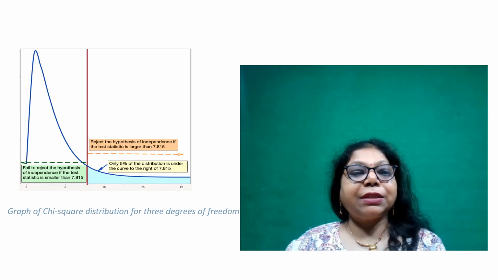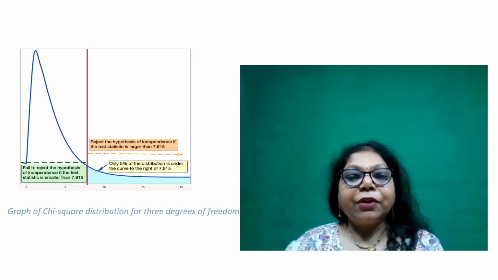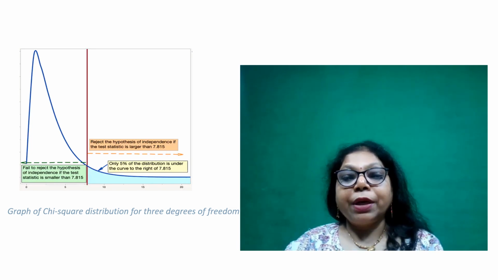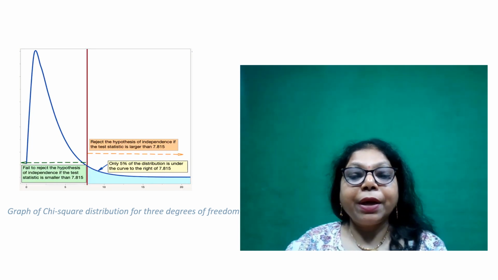Here we can see it in the diagram. We fail to reject the hypothesis of independence if the test statistic is smaller than 7.815, because only 5% of the distribution is under the curve to the right of 7.815. We reject the hypothesis of independence if the test statistic is larger than 7.815.